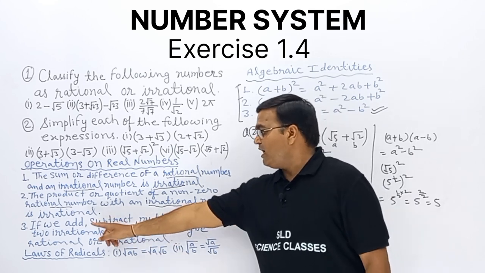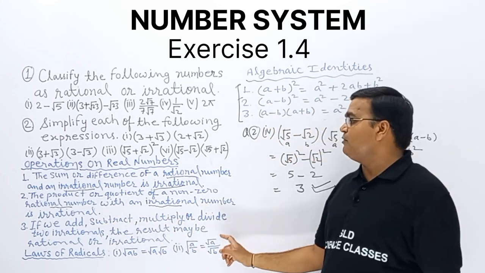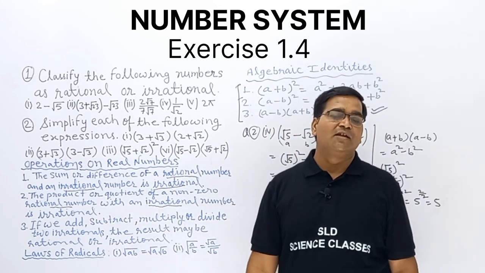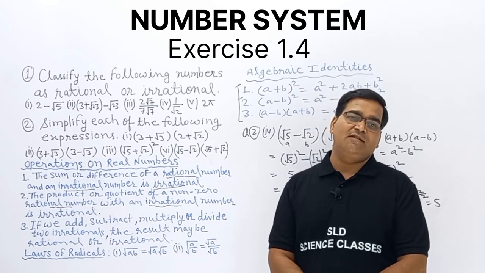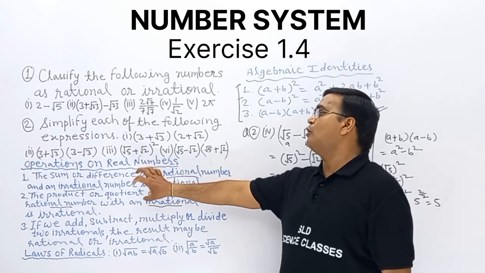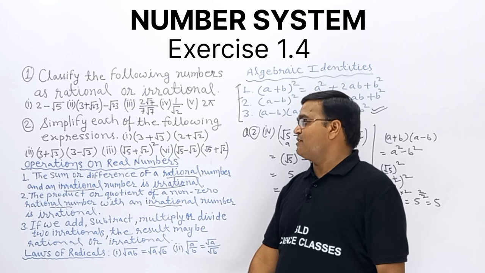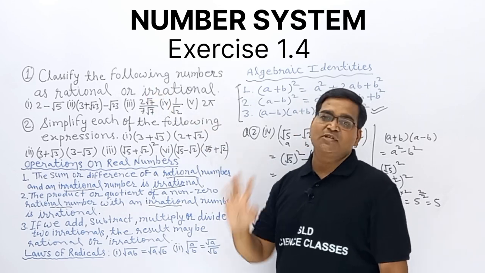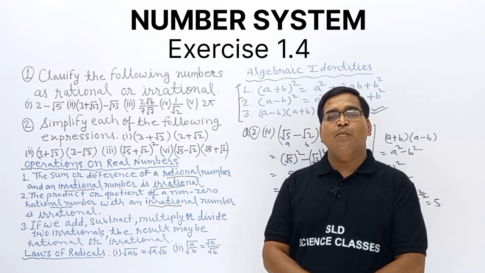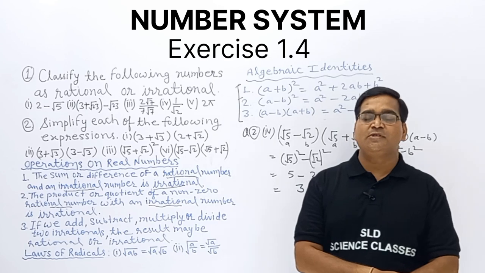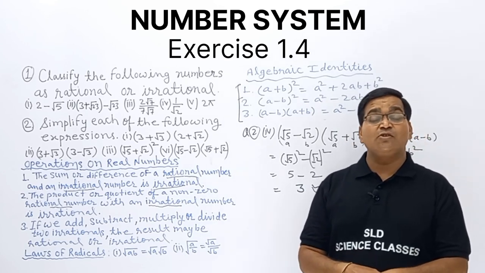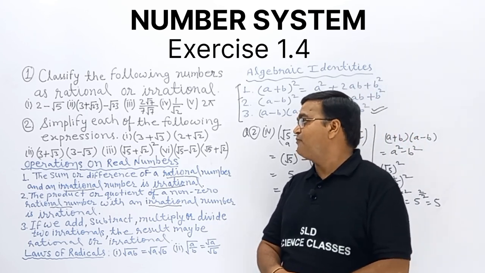And third one, add, subtract, multiply or divide of 2 irrationals, the result may be rational or irrational. So on the basis of these operations we can solve question number 1. I have given a complete detailed solution of these questions, so you can observe carefully.